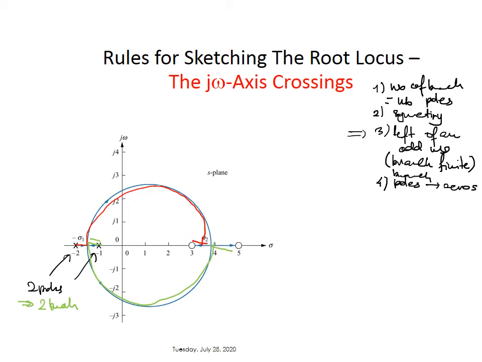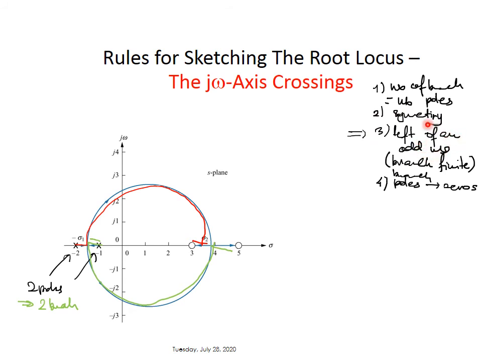But here, in this case, both branches are finite. Why? Because we have two poles and two zeros, so all the branches will end at these two zeros, right? If both of them are finite, then the third rule applies.